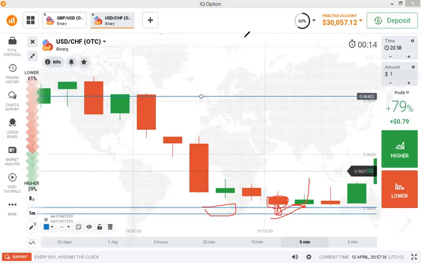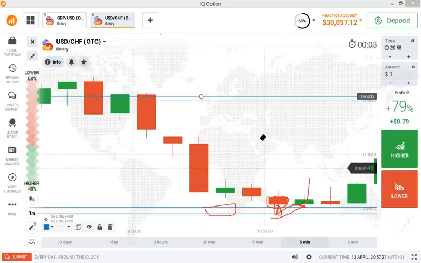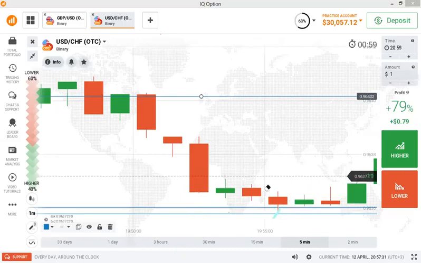Okay, guys, like I was saying, the sellers reached this level, and buyers entered. So if you want to trade like this, to be on the safer side, don't trade here as a call option.